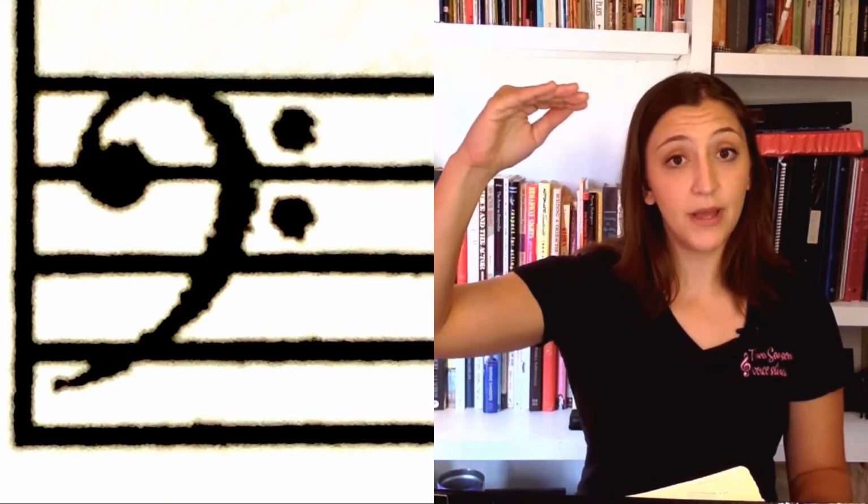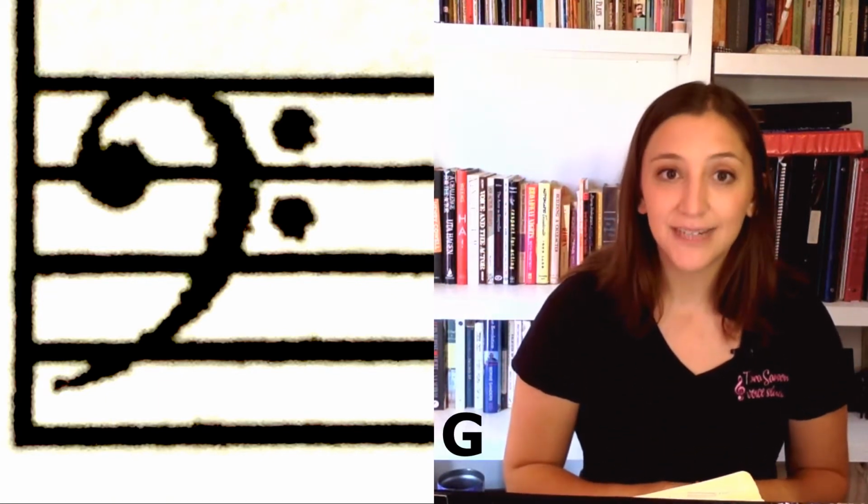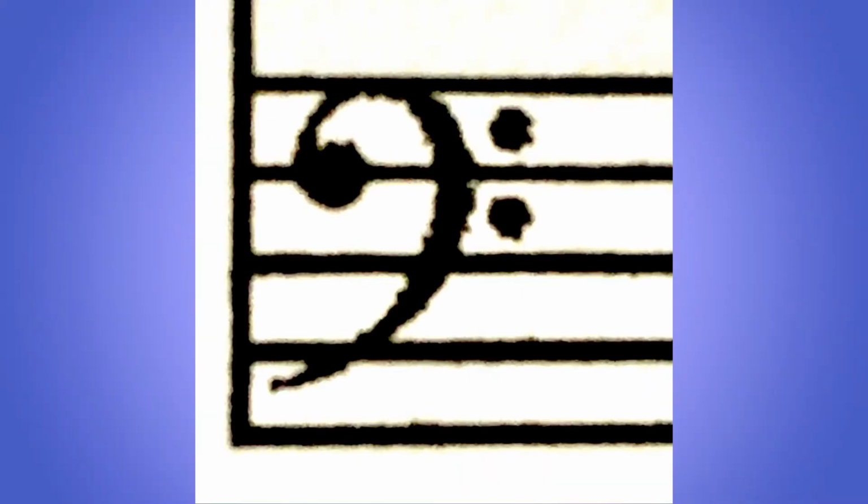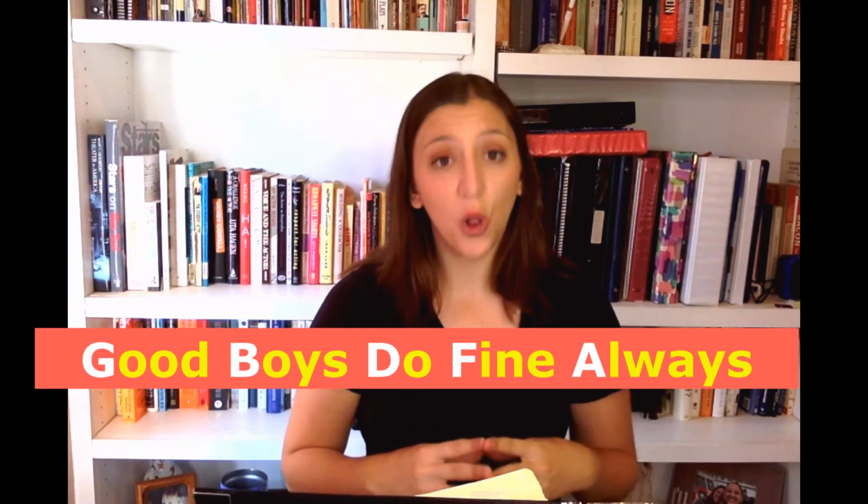Our bass clef, just as in our treble clef, those staff lines and spaces are numbered from bottom to top. They're also lettered from bottom to top. But our bass clef starts on G. G is in good. The lines of the bass clef are G, B, D, F, A. A great mnemonic device for this is good boys do fine always.